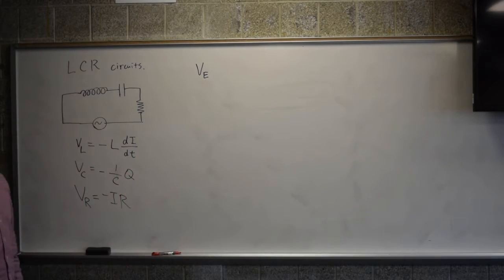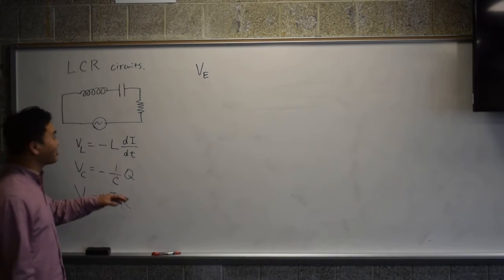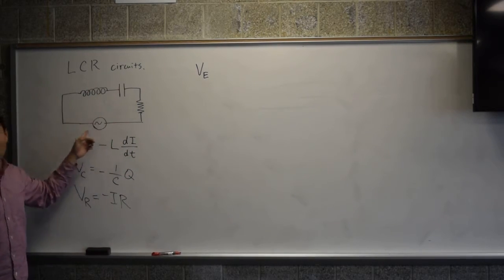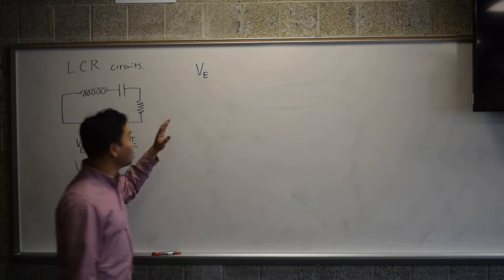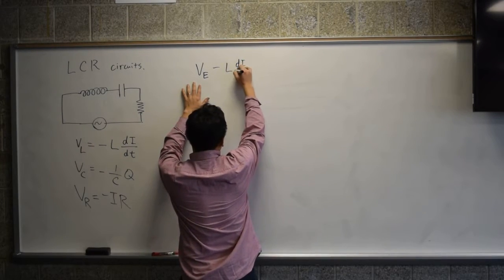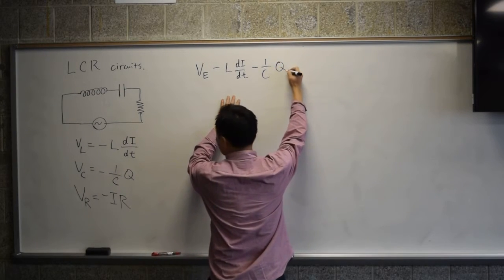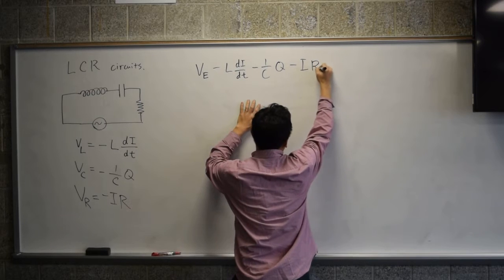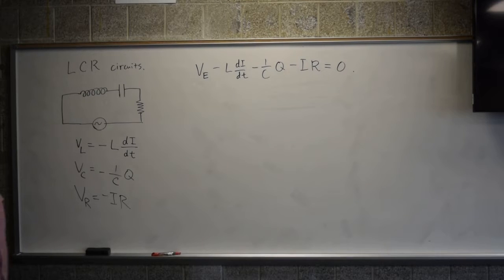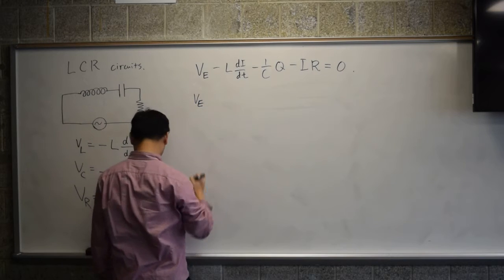Kirchhoff's loop law says that if you go around the loop, the voltages add up to 0, right? So you have V minus L di/dt minus 1/C Q minus IR equal to 0. And then if I move everything to the other side, I get the external voltage.